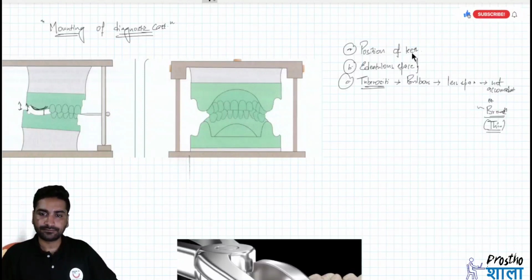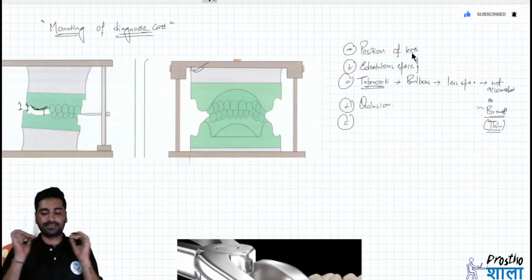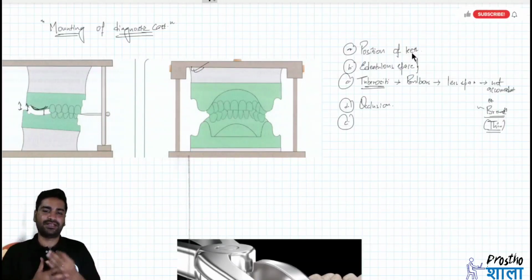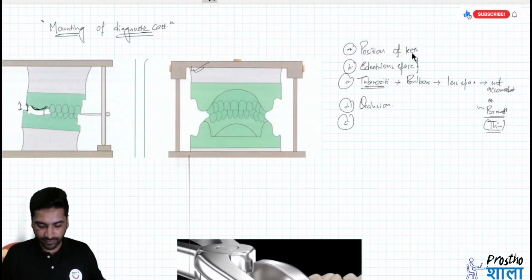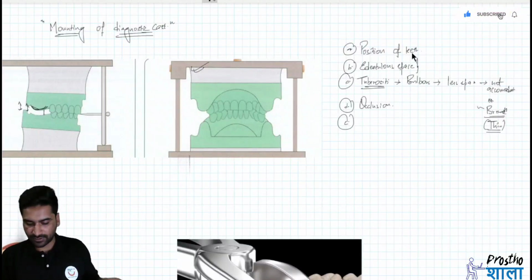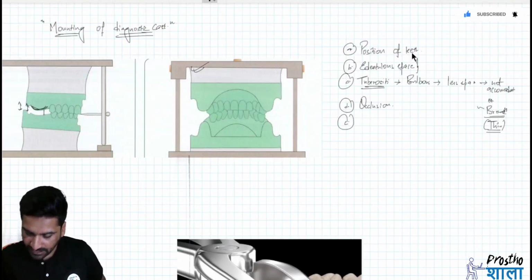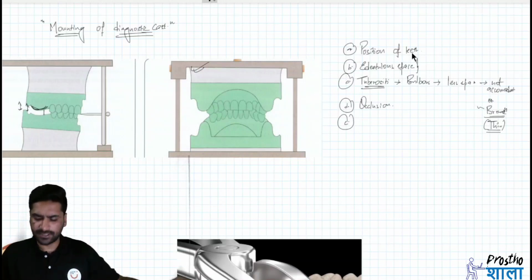Moreover, you also evaluate the occlusal status of the teeth. For the occlusion, if you want a better view, you can see it from the back of the articulator and see from the inner side. That is what the articulators provide as a provision. We can see the patient's condition in our hand. We do not require the patient to be with us the whole time. So that is all the things which we evaluate in the diagnostic cast, and moreover it also helps in patient education.